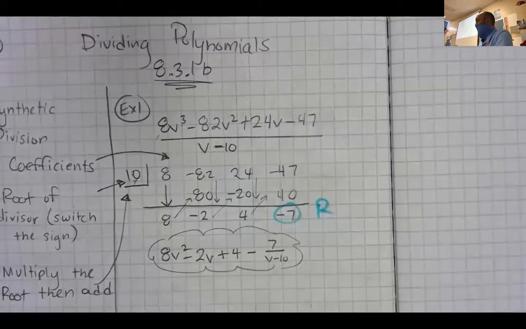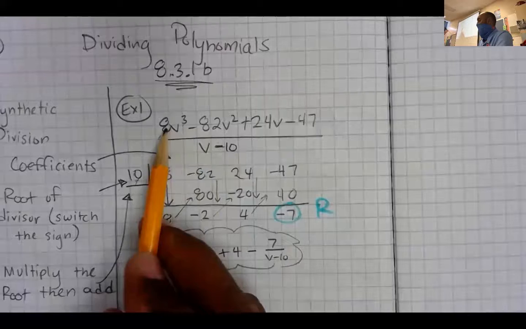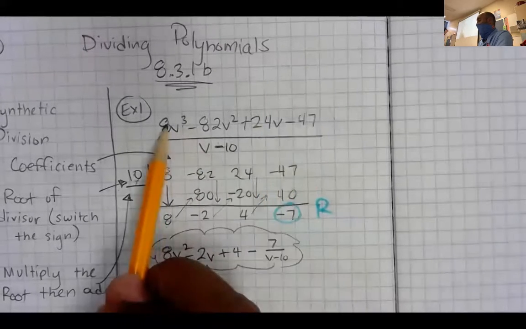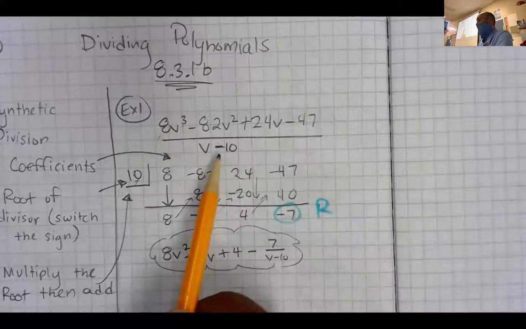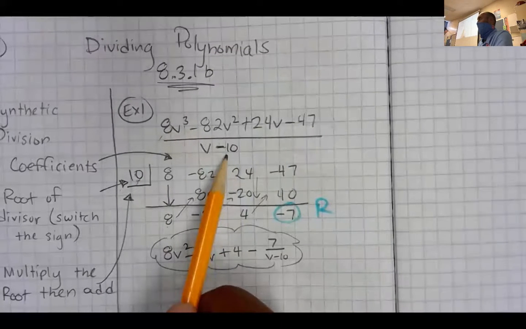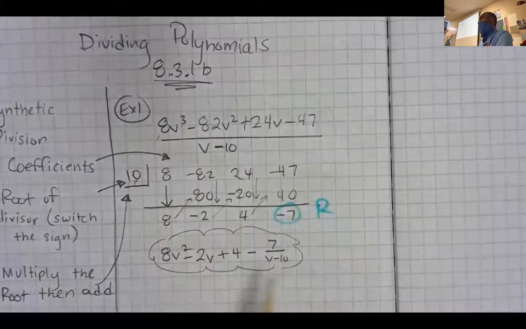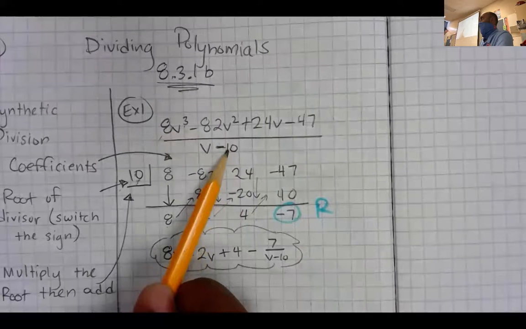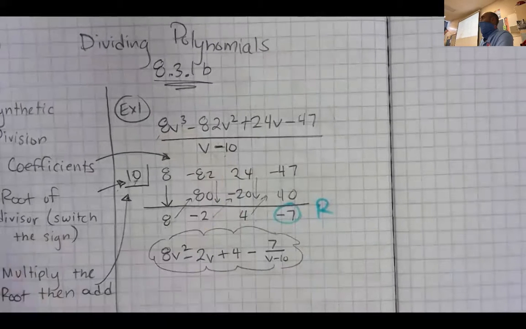Now, question is: v minus 10, is it a factor of this polynomial? Yes or no? Like if I graphed this, would 10 be an x-intercept? No. How do you know when it is? Like after I've worked out all these steps, how would I know? The 0, right, the remainder. The remainder is the key part.